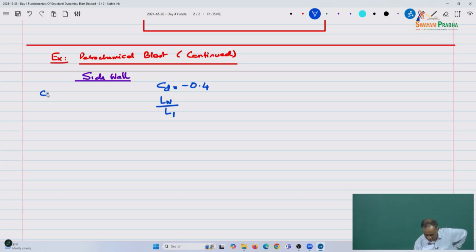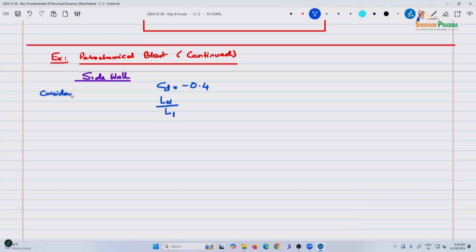Side wall we are considering, we had a lot of discussion on what L1 should be, 1 foot. LW is the blast wavelength, 237 feet, and we are considering 1 foot here.